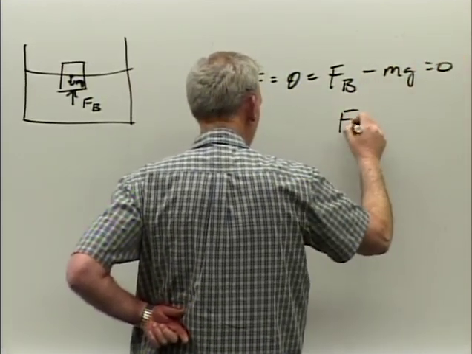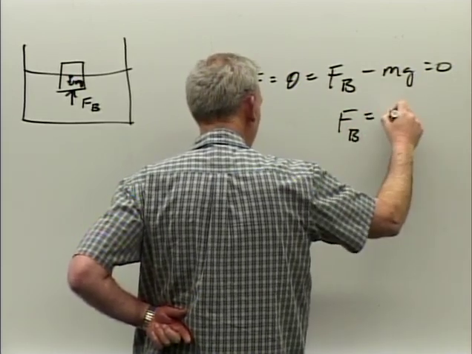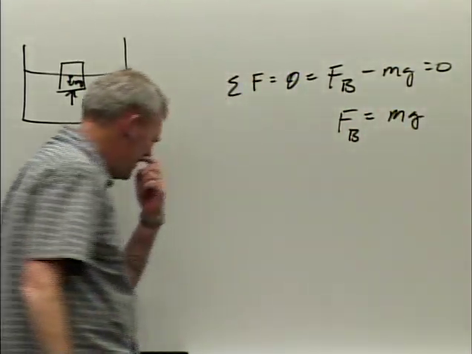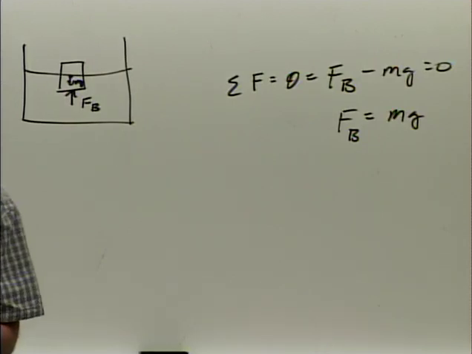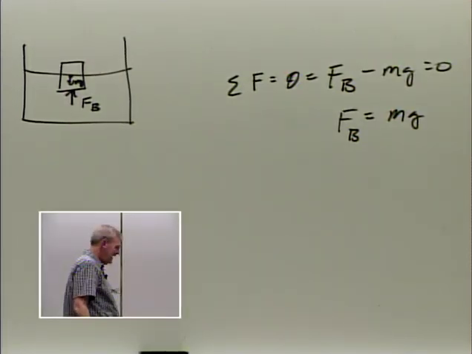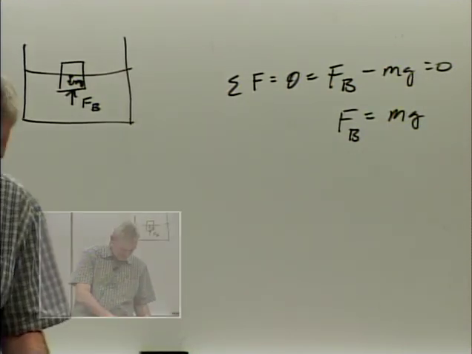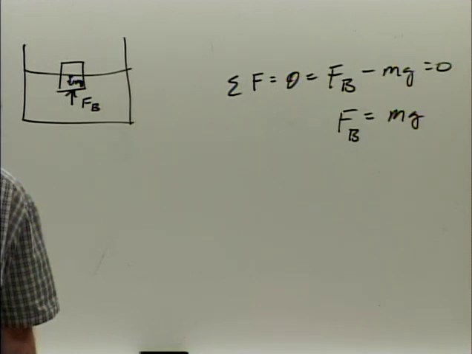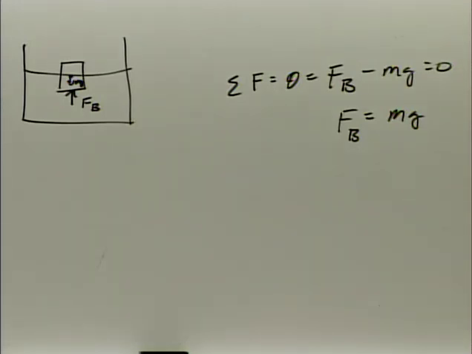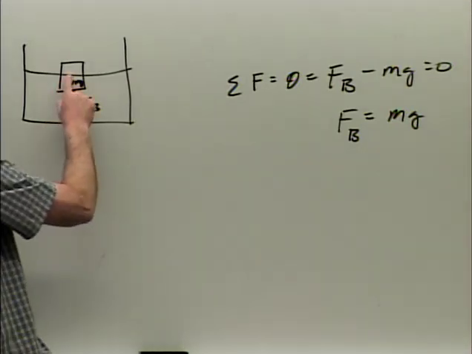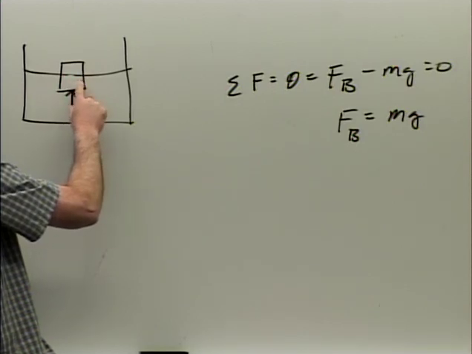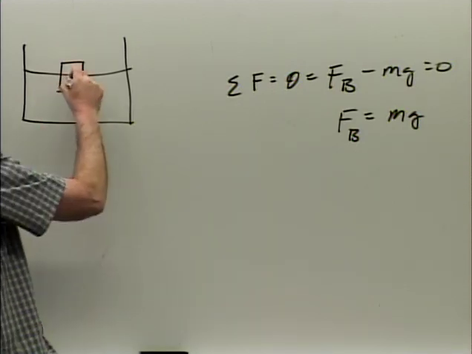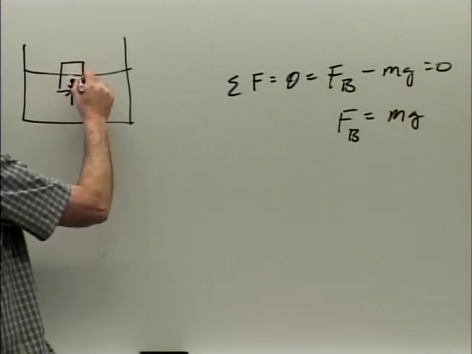So the buoyant force equals mg. Kind of, sort of, maybe, a little bit. That's probably a bad derivation, so let me go through that one more time. Oh, yeah, it equals mg of the fluid. We have to look at the mg of the fluid.